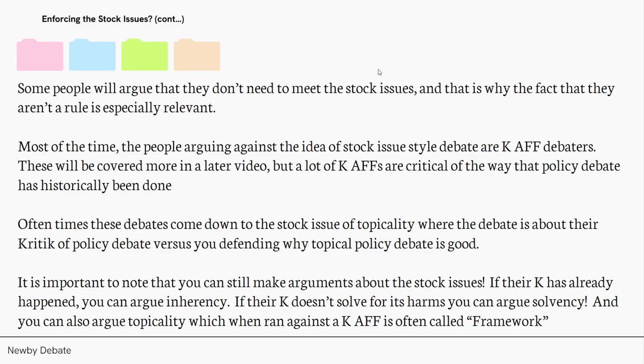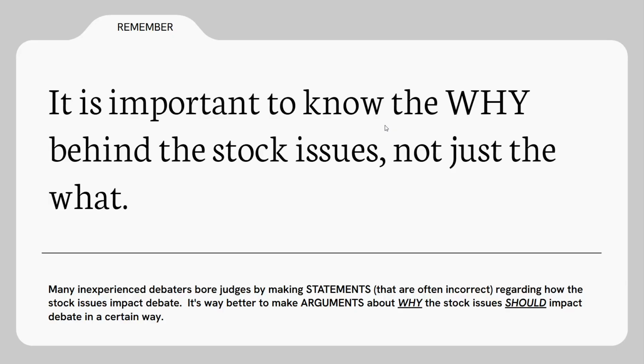And it's generally just a norm, like I said, and ultimately we'll have to have that debate, if we're ready to have that debate, about are the things I'm teaching you about stock issues good? And if you're interested in potentially learning some of those different alternative ways to debate, we'll talk about those as well in future lectures.